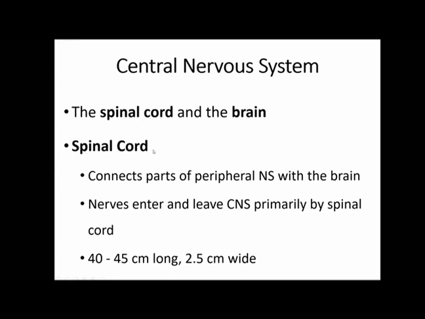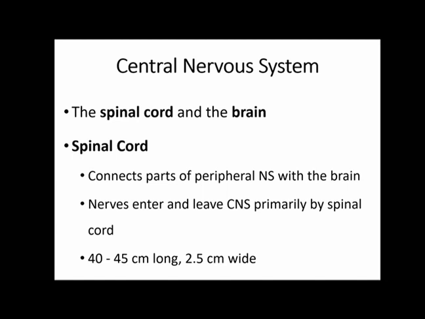And so our spinal cord is the cord of nerves that runs up our spine. This is what connects our peripheral nervous system, all the stuff we talked about that was on the green side of the chart. This connects all of those pieces with the brain. And so nerves will enter and leave the central nervous system through the spinal cord.